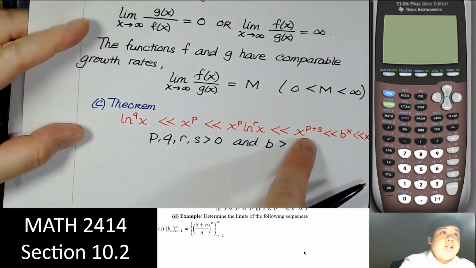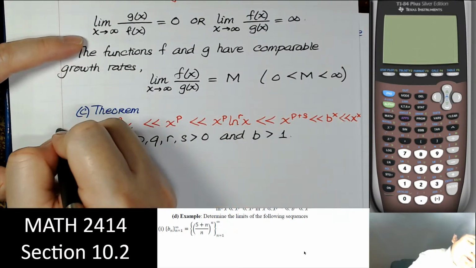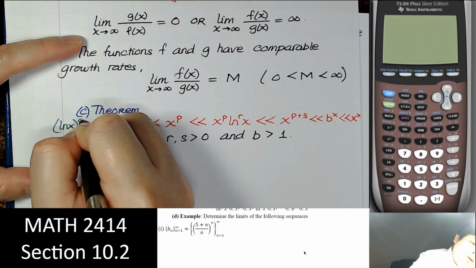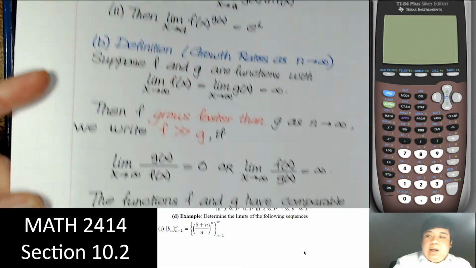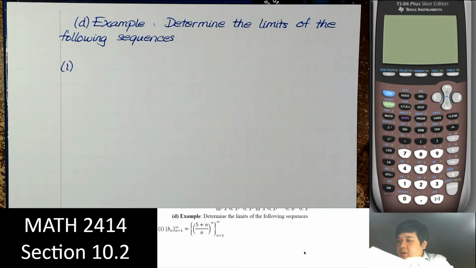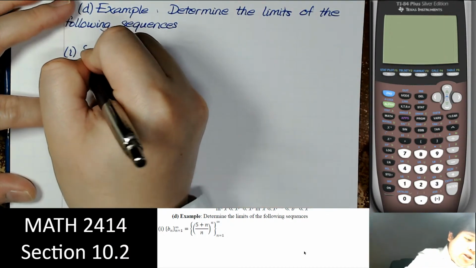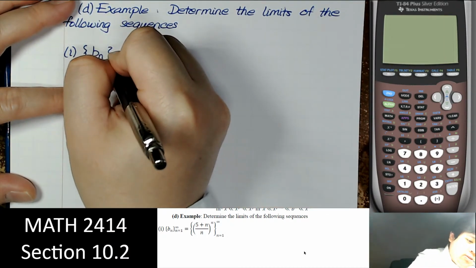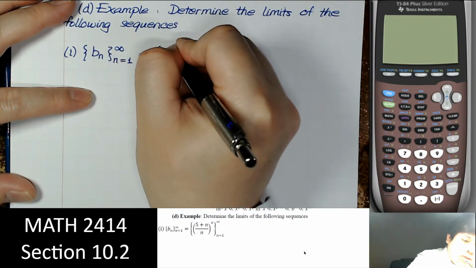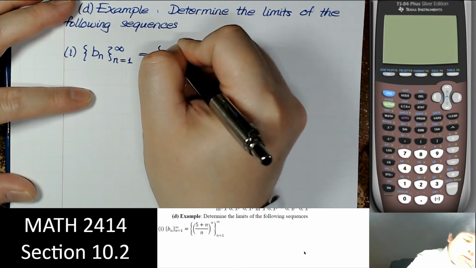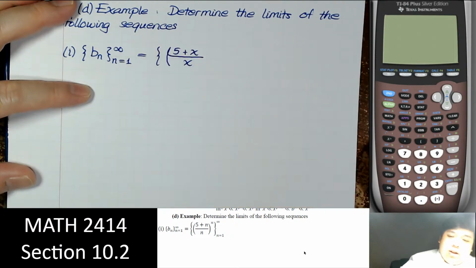By the way, we will get back to this. But when we write ln to the q x, we mean ln of x to the q power. We can let q equal to 1 if we choose to. As long as it is bigger than 0, it's fine. Right. The first one, we're not using anything here. We just use the L'Hopital rule. There's no x in here.